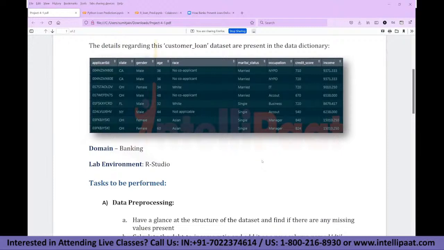An imbalanced data set is a data set where, if there are two classes, one class is 0 and the other is 1 for loan decision status, one of the classes is the majority class and the other is the minority class.